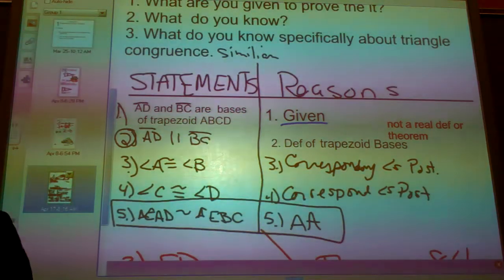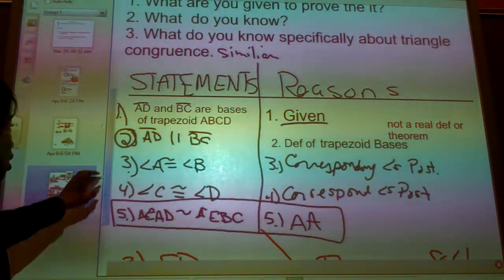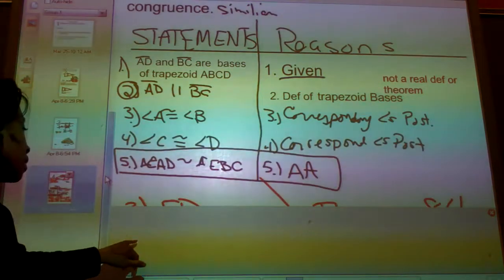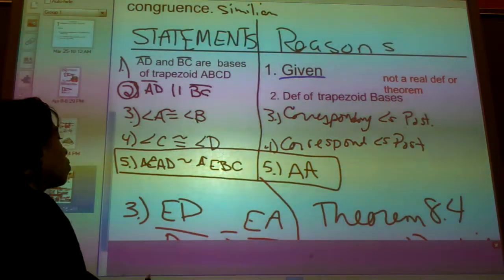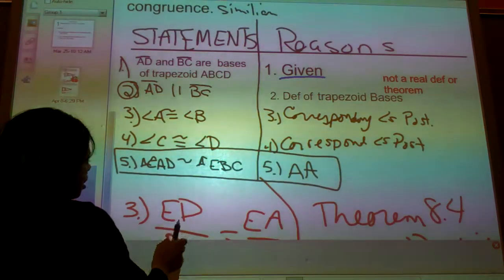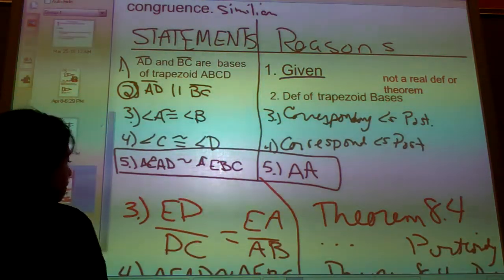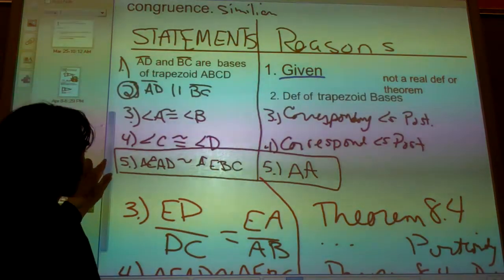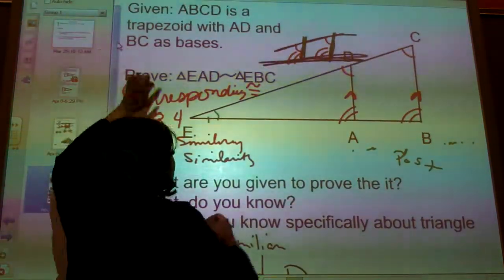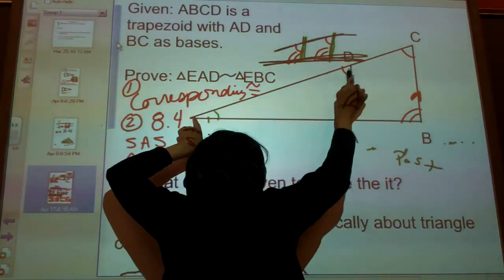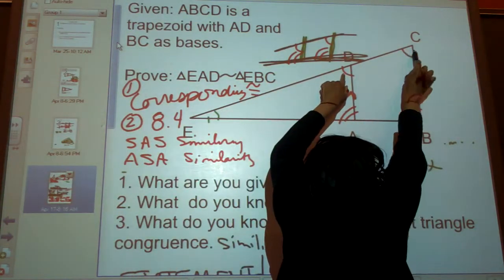I also saw theorem 8.4 on this one, or you might have seen theorem 8.4, I should say. Okay, what's the first thing I see? I see ED. I see ED is proportional to DC.